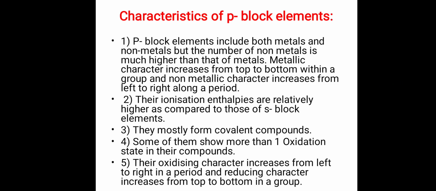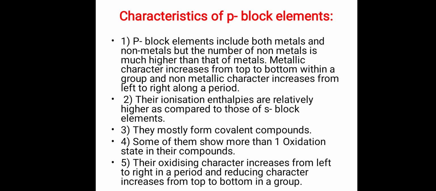Some special characteristics of p-block elements. The p-block elements include both metals and non-metals. Their ionization enthalpies are relatively high as compared to the s-block elements. They are mostly covalent in nature. Some of them show more than one oxidation state.